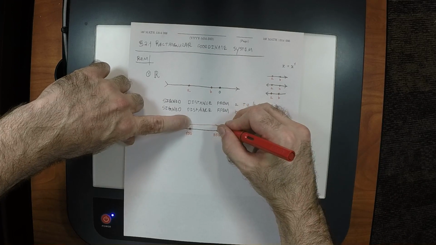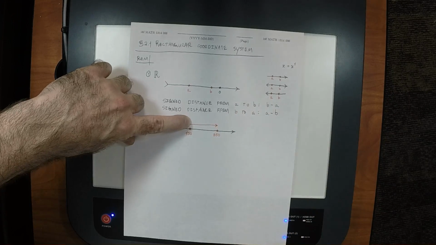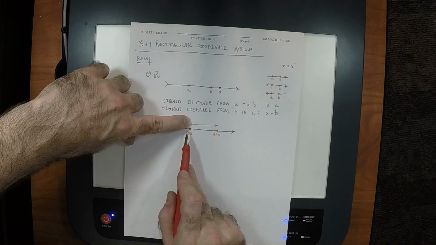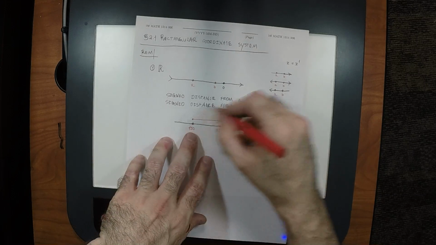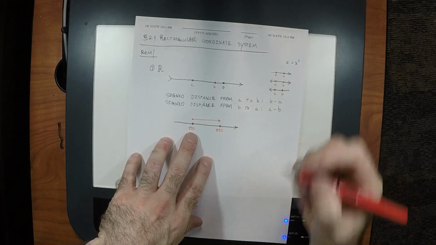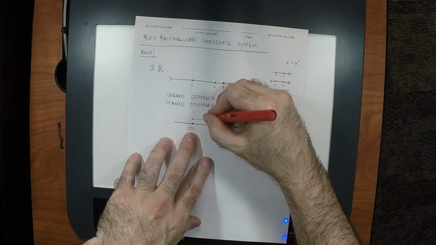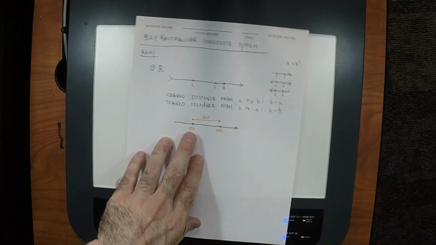I'll put an arrow here to remind myself that I was drawing that way, right? From this one to that one. And what I'm telling you is that this thing right here is called 200. That's what it is, from that one to that one.